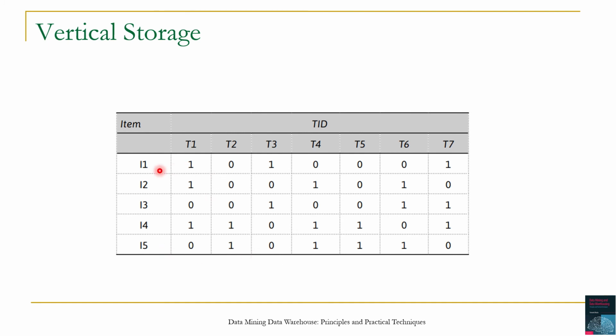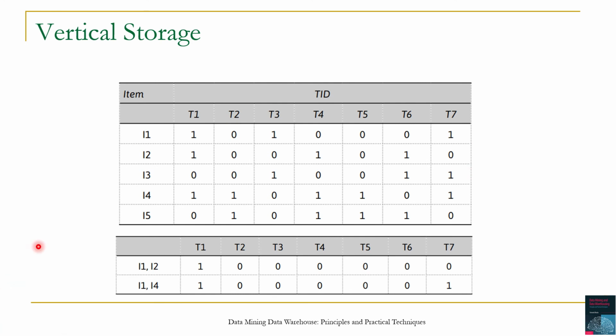Now we can easily find the frequency of an item by counting the number of ones in a given row. For example, the frequency of I1 will be 3, and the frequency of I2 is also 3. We can also find the frequency of an item pair by intersecting the rows in this case. Let's calculate the frequency of item pair I1 and I2. We can simply intersect these two rows.